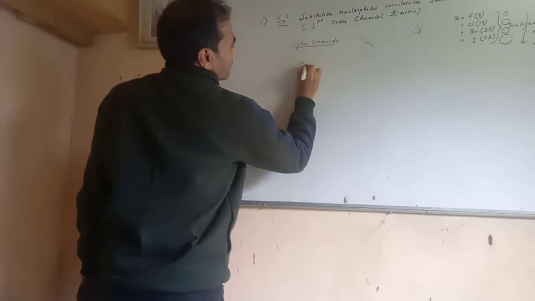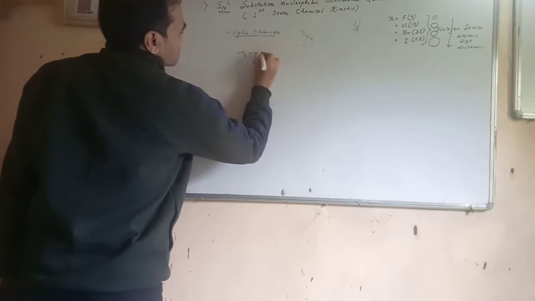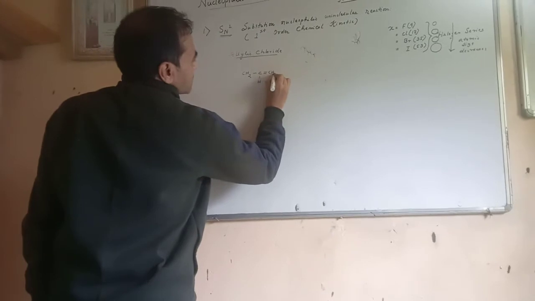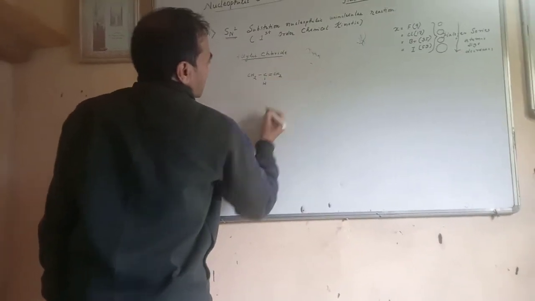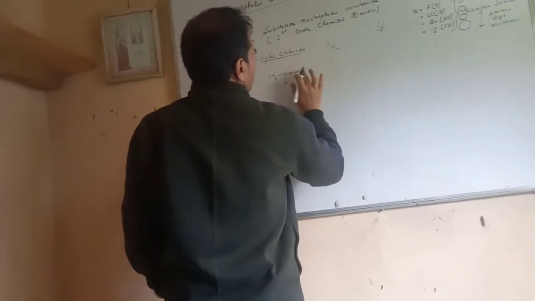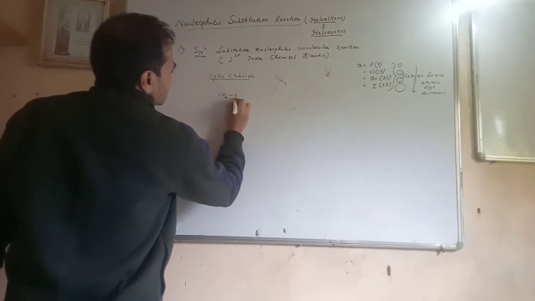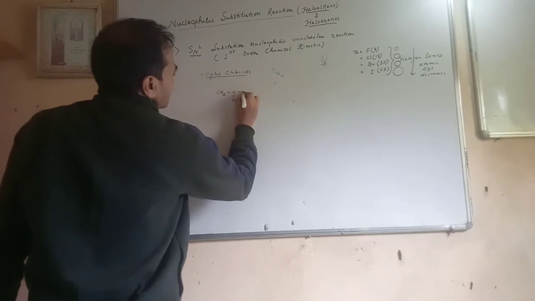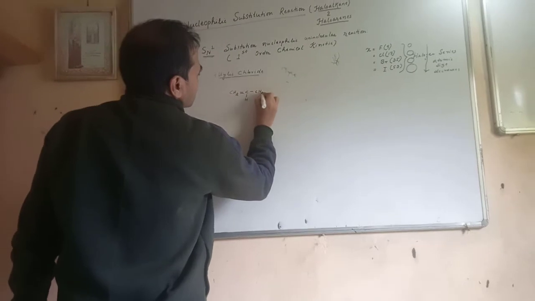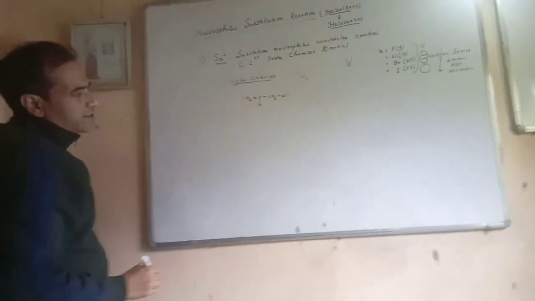Now allylic chloride, when you write CH2, CH, CH2, Cl.